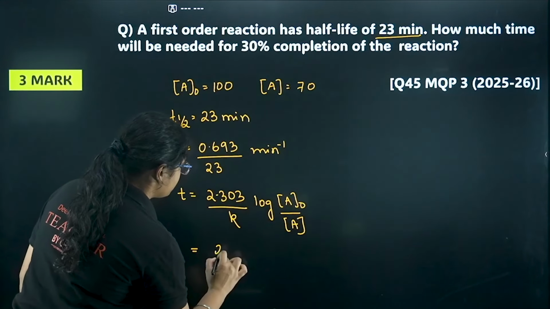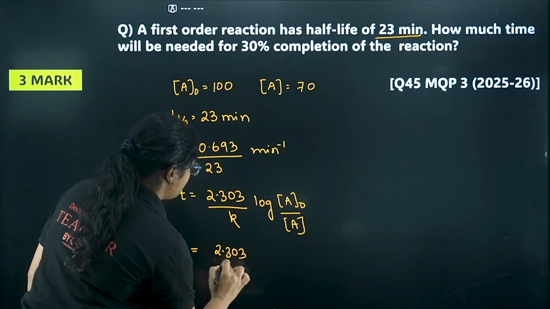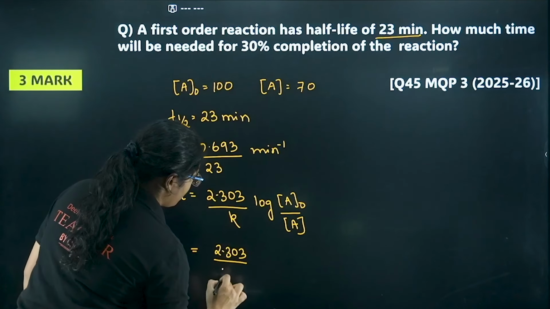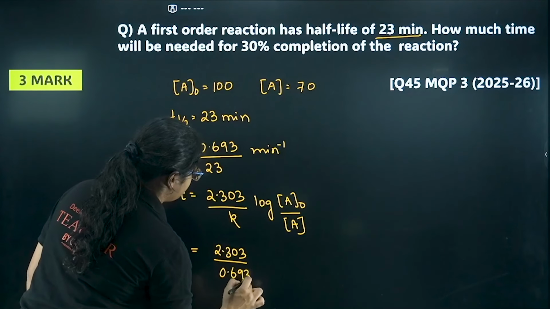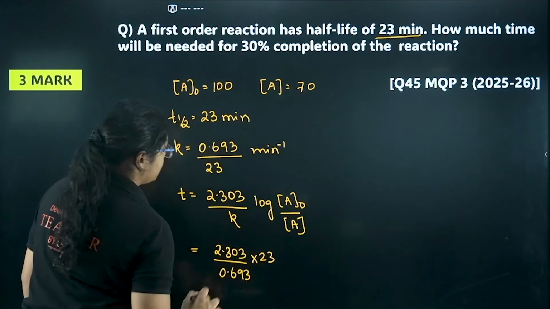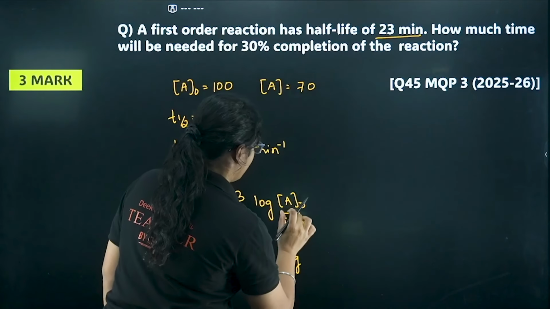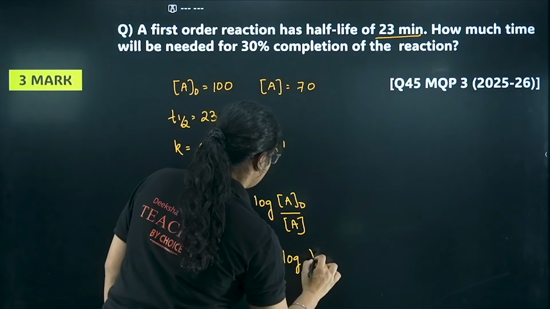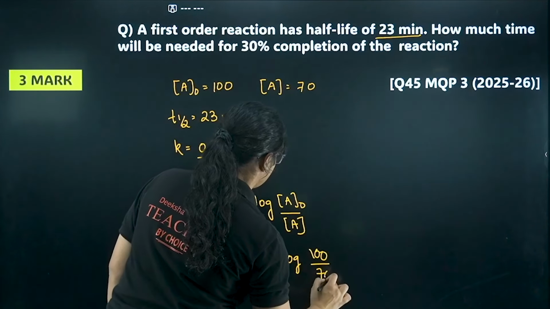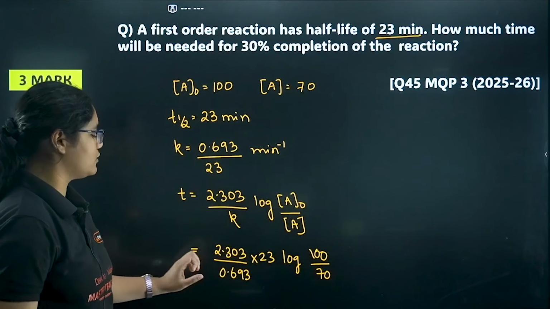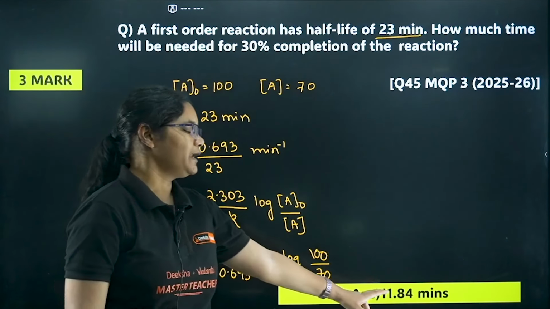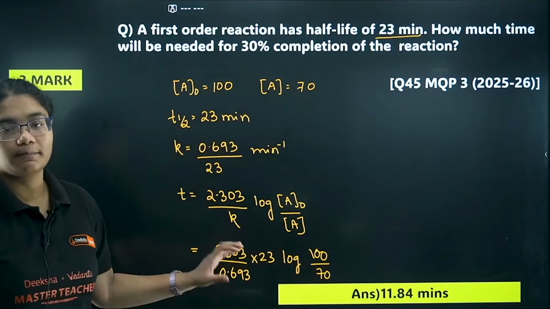So what is the value of K? 0.693 by 23, right? This goes up. Then I have log of A naught value 100 and A value 70. Now you just need to solve this, and once you calculate, you will get 11.84 minutes.